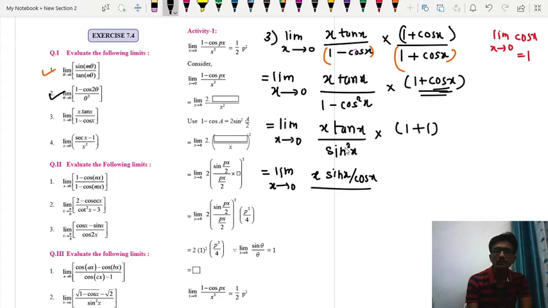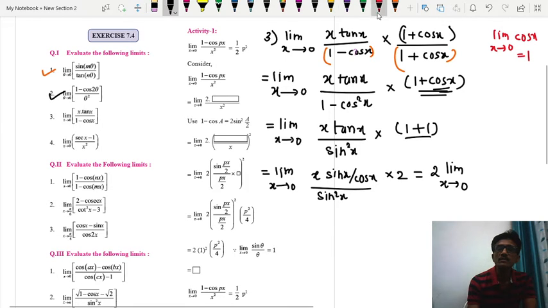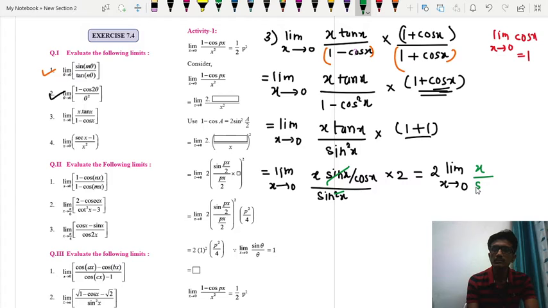So this is limit x tends to 0, x sin x upon cos x, and this sin square x into 2. Here 2 is constant, right? Limit x tends to 0. Now one sin x is getting cancelled over here, so here it will be x upon sin x into 1 upon cos x.